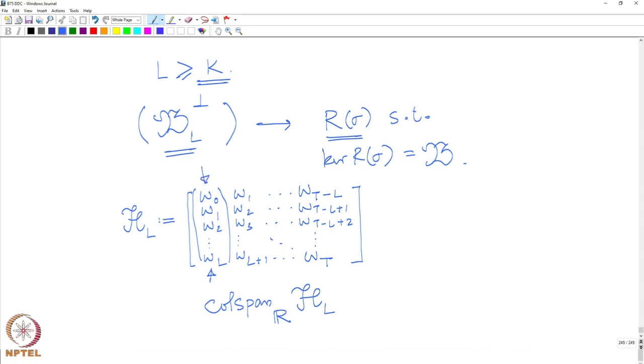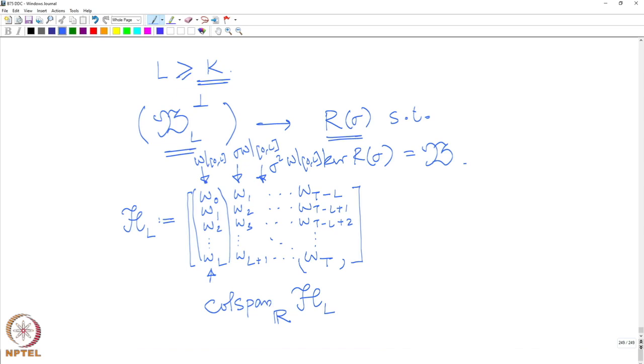This is W restricted to 0 to L. This is one shifted version of W, that is sigma W restricted to 0 to L. This is sigma square W restricted to 0 to L, and so on. So, I actually have T minus L plus 1 such restrictions to 0 to L of trajectories.